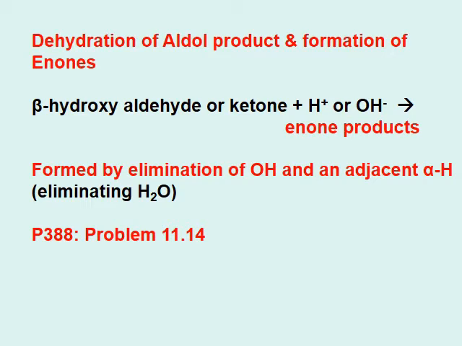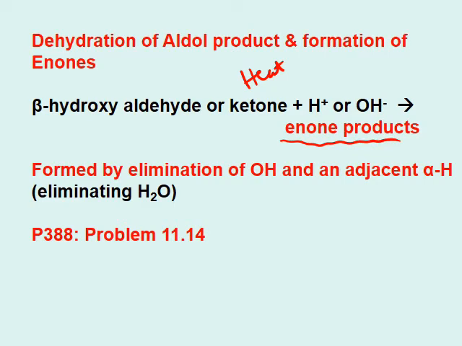We already discussed that as a result of aldol condensation, you're going to get beta hydroxy aldehyde when you begin with aldehyde, or beta hydroxy ketone when you begin with a ketone. And they can undergo dehydration reaction when you heat it. So in presence of heat, you're going to get the kind of products called enone products.